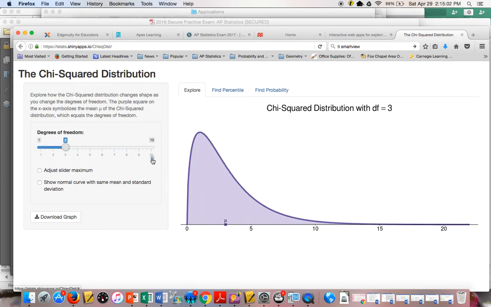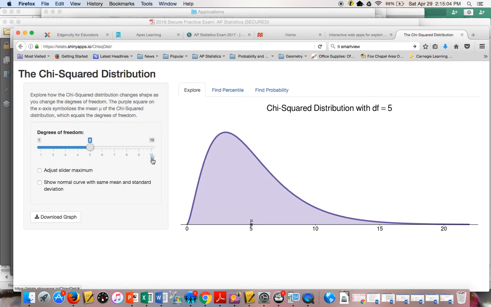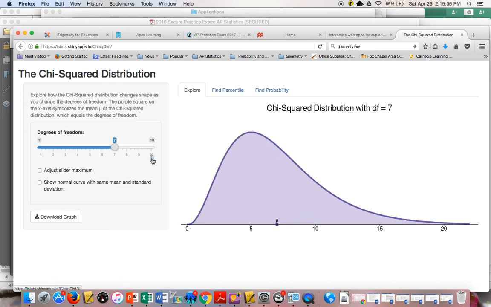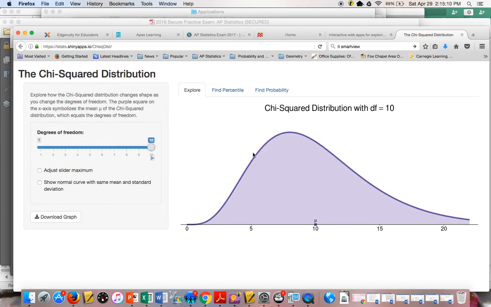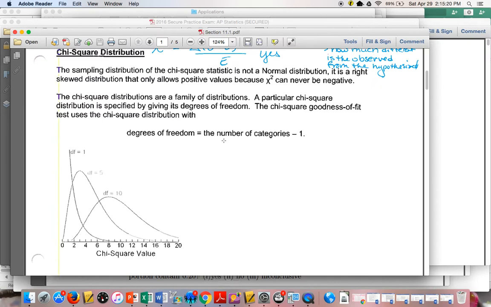There's 2, 3, 4, 5, 6, 7, 8, 9, 10. It's right-skewed. It'll start off over here, and as the degrees of freedom increase, it moves over here. The degrees of freedom for this test will be different than we've seen in the past. It will be the number of categories minus 1.